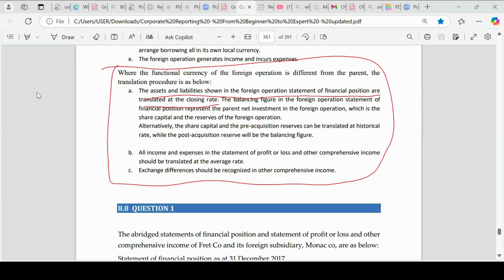Alternatively, the share capital and the pre-acquisition reserves can be translated at historical rates, while the post-acquisition reserves will be the balancing figure. We'll see what I mean by balancing figure when we get there. And then all incomes and expenses should be translated using the average rate, and exchange differences should be recognized in the OCI. All right, let's get to it.